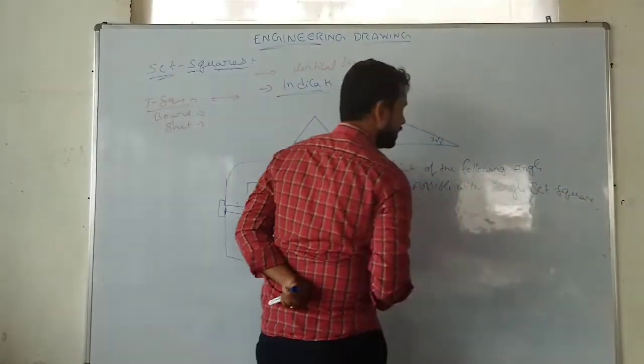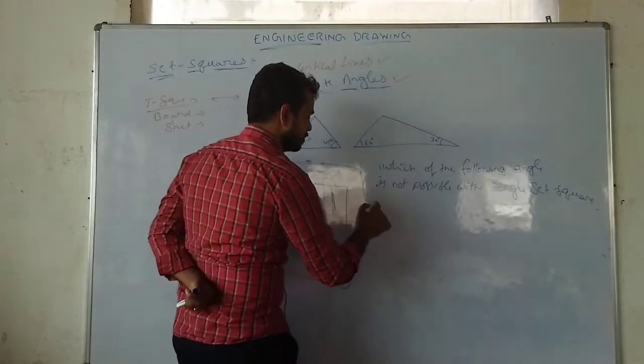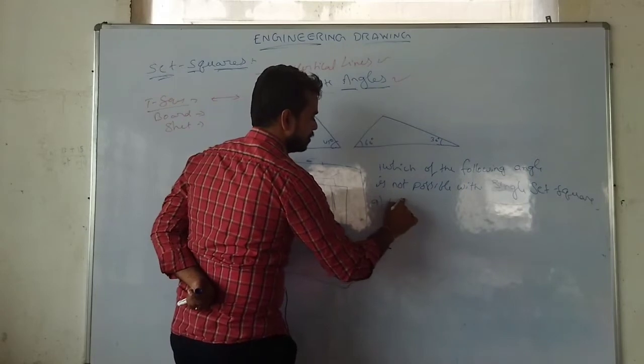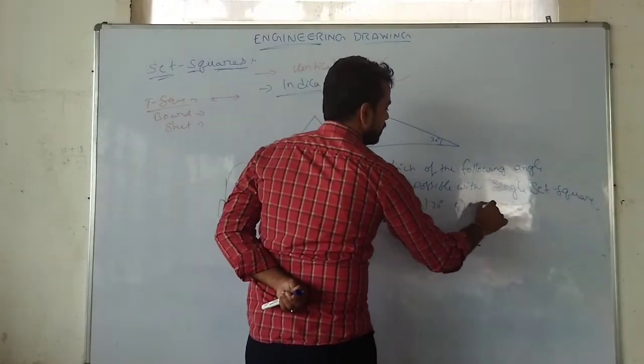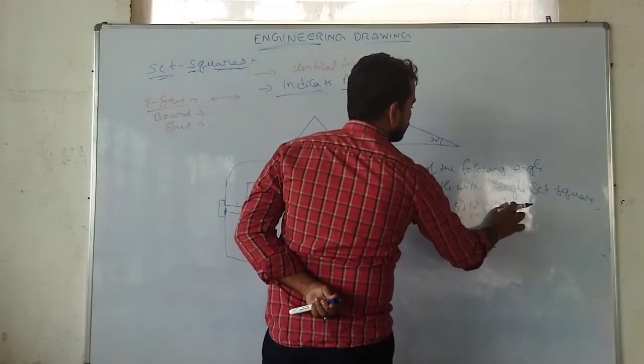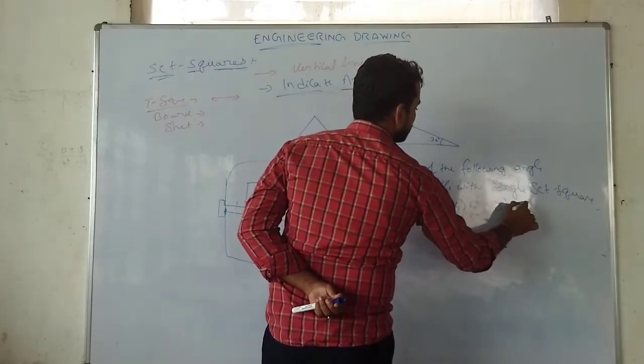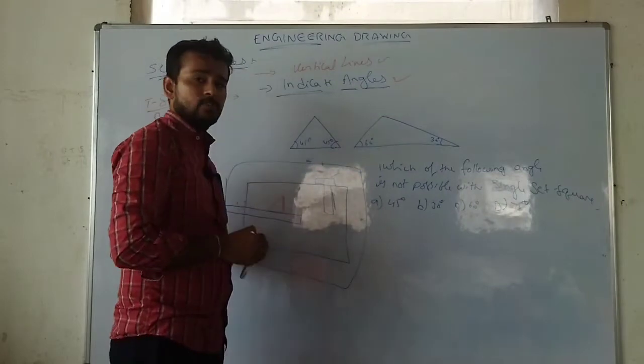With single set square. A 45 degrees, B 30 degrees, and C 60 degrees, and D 75 degrees. Okay, so like that the questions will be there.